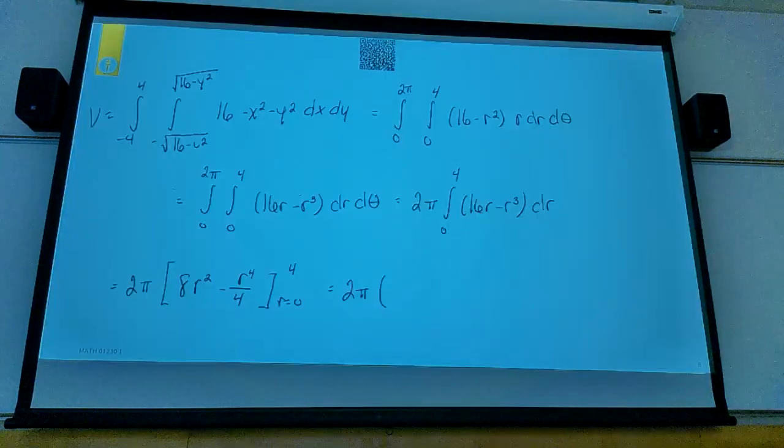What is 2 to the 7th? Then you get r to the 4th over 4, which is 4 cubed, which is what? What's 128 minus 64? And now double that, goes back to 128. There's your volume, 128 pi.